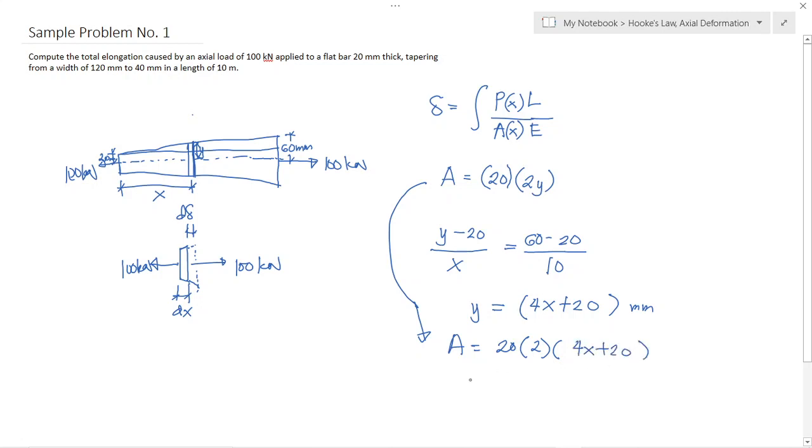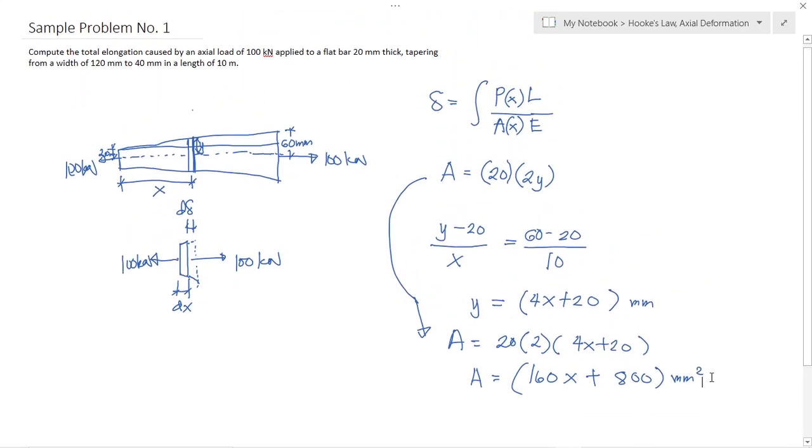Okay. Simplifying the equation, we have 40 times 4, that is 160x plus 40 times 20 is 800. Okay, the unit of this equation is square millimeter.